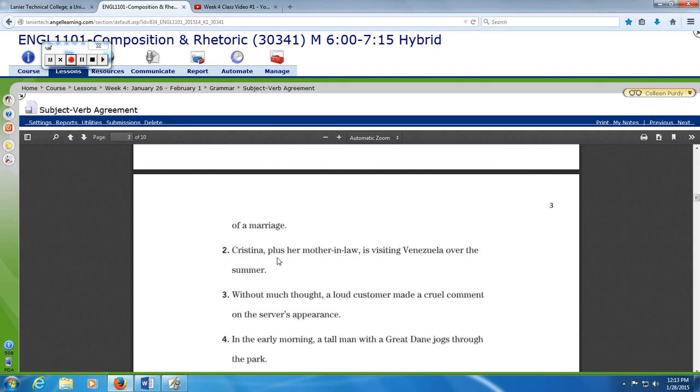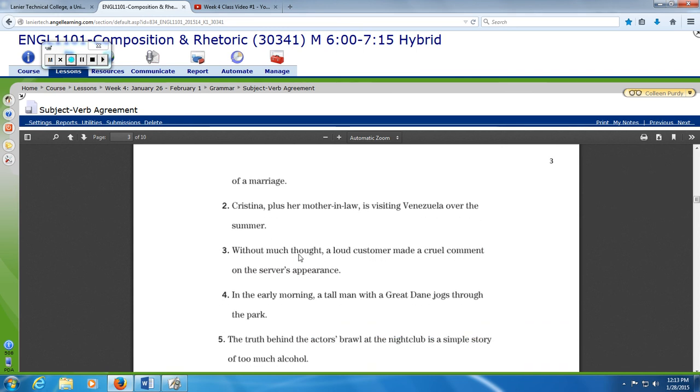I'm trying to think if that's a prepositional phrase. I think it's probably just an adverb phrase describing who was with Christina. It's probably an adverb phrase, but it's non-essential. It's offset with commas, so it's not going to be your main subject or verb. Subject is Christina. Your verb is. Over the summer is a prepositional phrase.